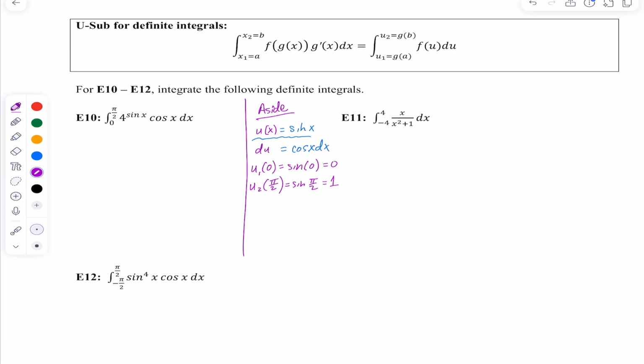Now we're ready to do our complete U-substitution. We're going to have a definite integral with the domain from 0 to 1. And now we have 4 to the u times du, which we know how to integrate.